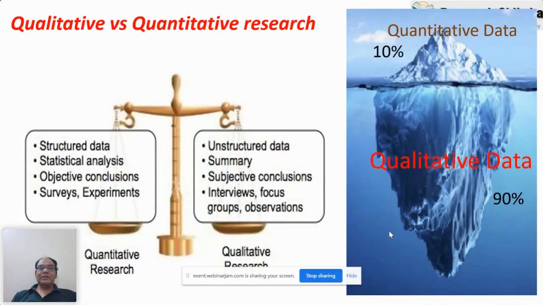So now the focus is shifting from structured data to unstructured data. Slowly, unstructured data is getting very popular, and a lot of researchers are finding ways to analyze it. Now the question which may be coming to your mind is what kind of data we include in unstructured data.